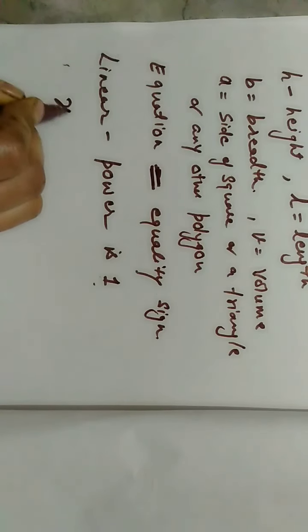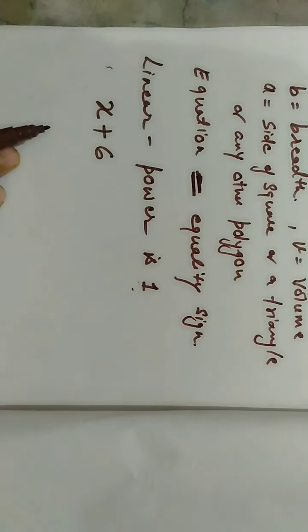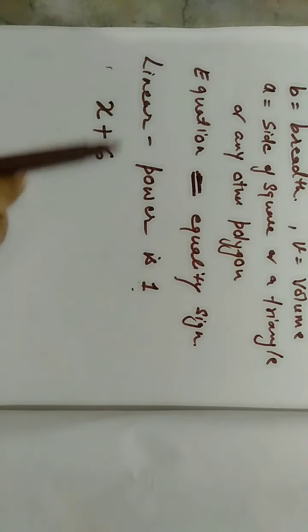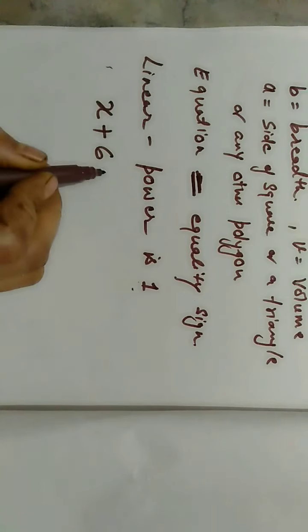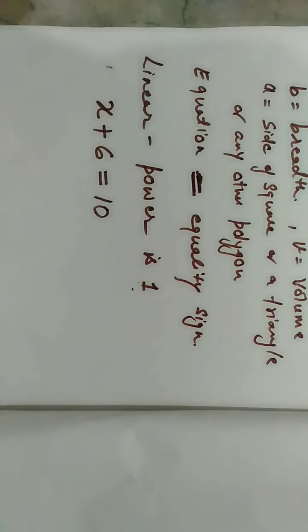For example, x plus 6. Now x plus 6 is an expression. Expression means which we express in the mathematical form, in a mathematical statement, as you have already studied in class 6th. x plus 6 is an expression. When we put an equal sign and write, suppose here, 10, then it becomes an equation.